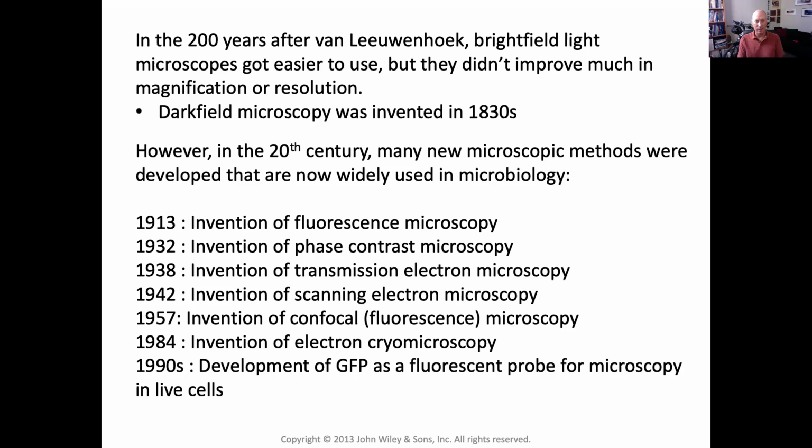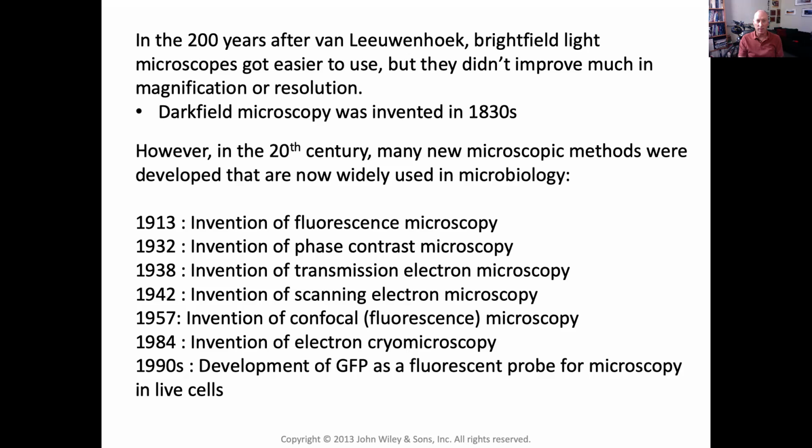Amazingly, things didn't really change much for a few hundred years after van Leeuwenhoek into the 19th century. Microscopes got bigger and easier to use, but the magnification and resolution didn't change that much.